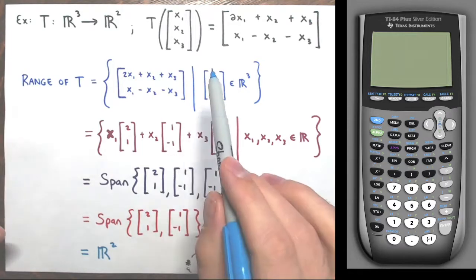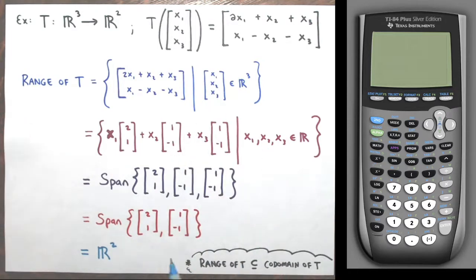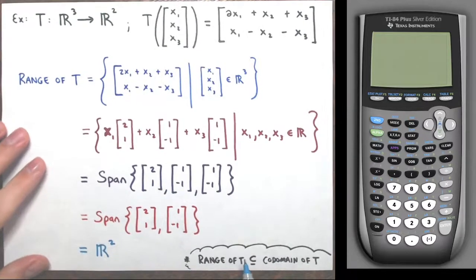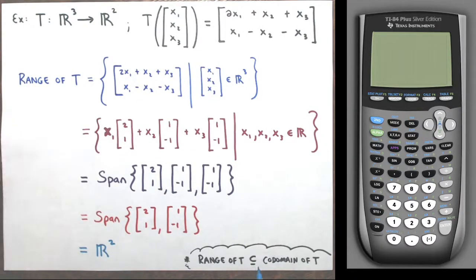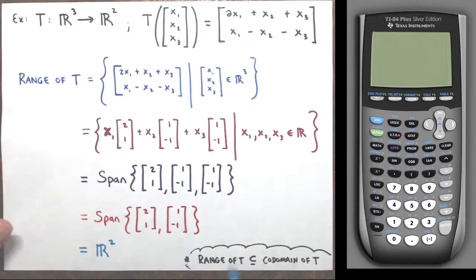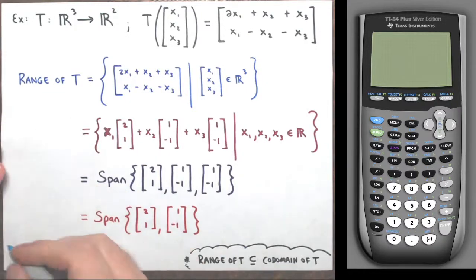So in this example, the range of T is actually equal to the codomain. But still I write the subset symbol, because it could be equal, but very often it won't be, so it'll be a proper subset like in the last example. But just keep this in mind: do not say that they're always equal.